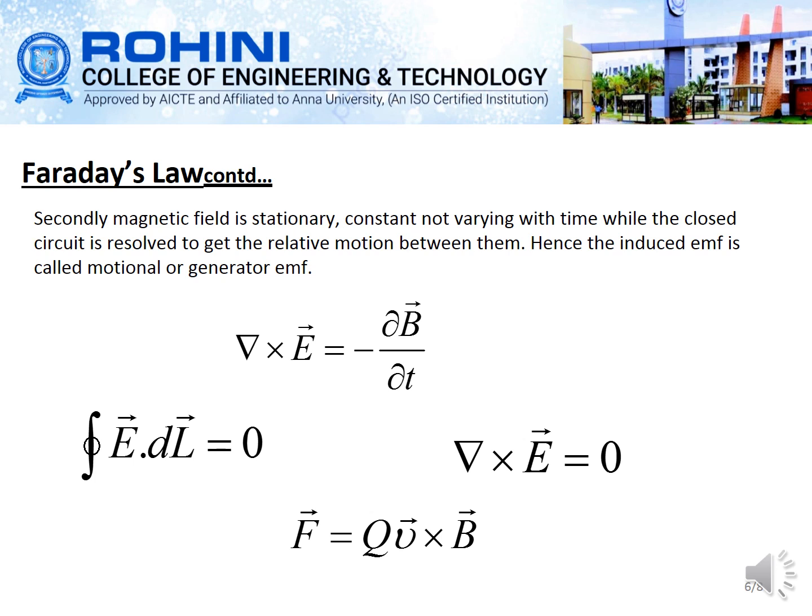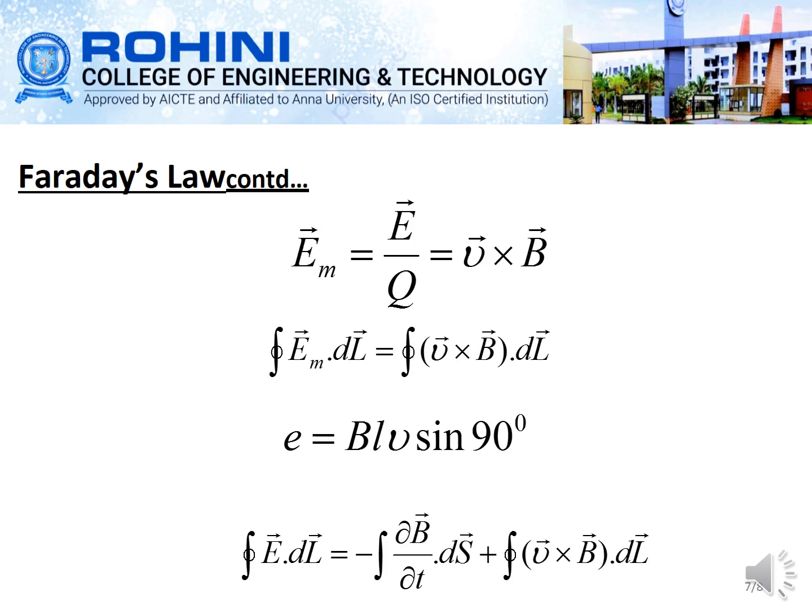Then we can write F is equal to QV vector cross B vector. So from that, the motional electric field intensity we can define as force per unit charge, so that EM is equal to F by Q, which we can write as V vector cross B vector. So from that the induced EMF is integral of E vector dot dl vector is equal to closed integral of V vector cross B vector dot dl vector.